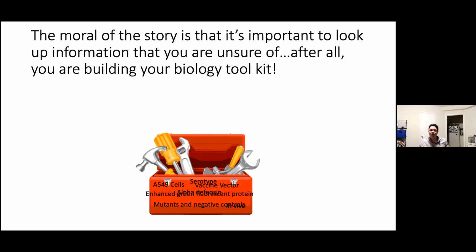You don't need to look up what a serotype is, or why they use A549 cells. You already have that information as part of your biology repertoire, and you take that with you. So every manuscript you read, you keep feeding that scientific beast that is growing in your mind. And as time passes, scientific manuscripts are easier and easier to understand. And I'm sure most professors can tell you that.